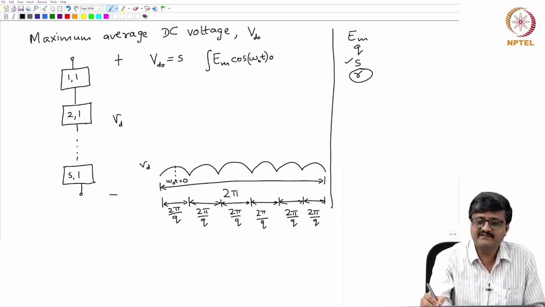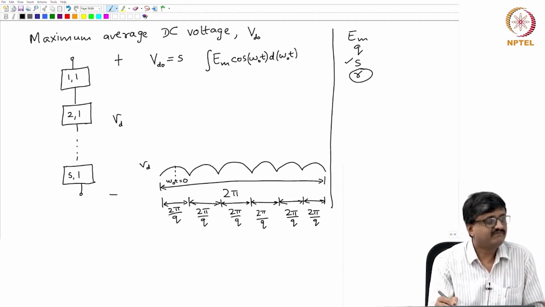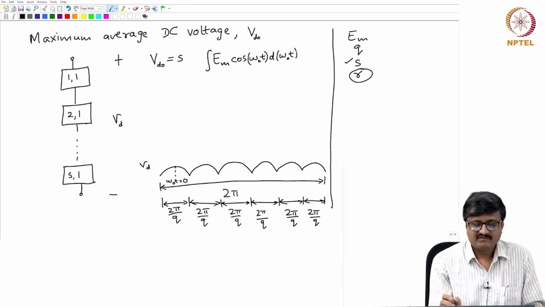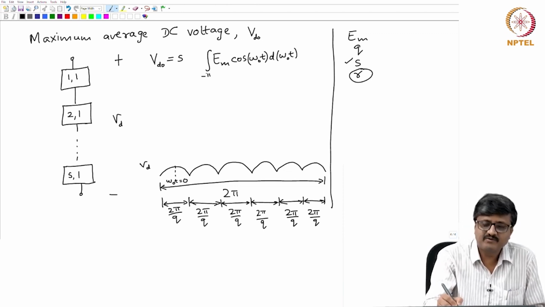So, if I integrate this with respect to omega t between the limits, what will be the lower limit? I want to integrate over a duration of 2 pi by q radians. So, if this is 0, I have to integrate from minus pi by q to plus pi by q.